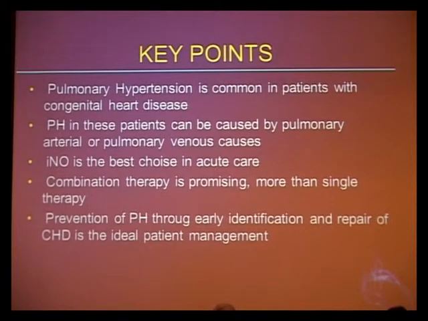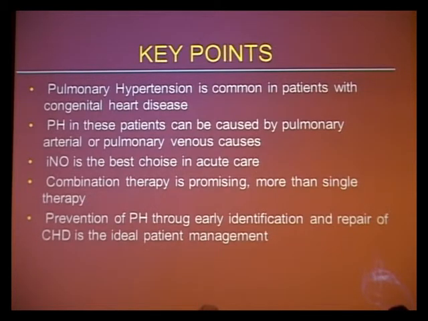So we have to use this as a first choice in this kind of patients. Then you have a lot of other drugs that you can use, but combination therapy is the most promising therapy you can use, more than a single therapy, but it needs more study.